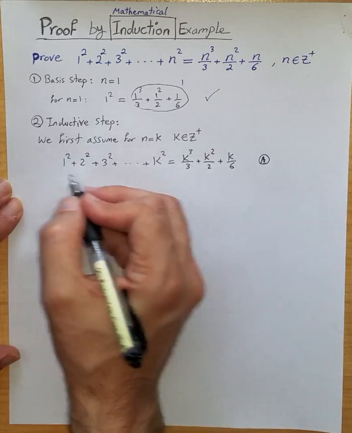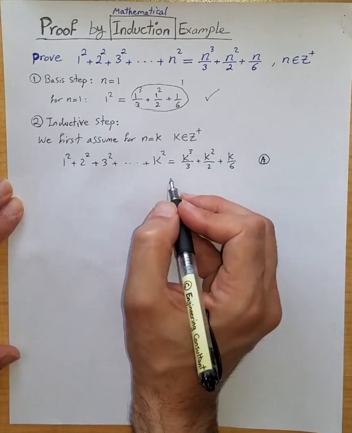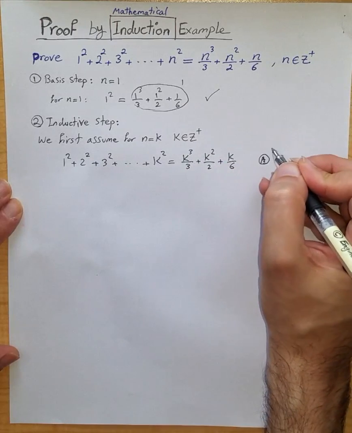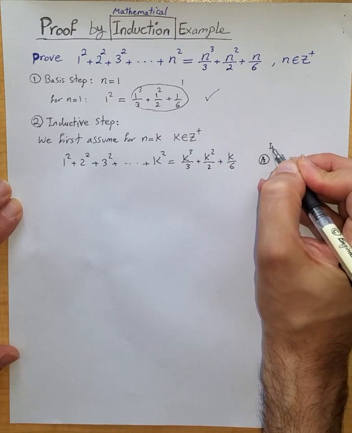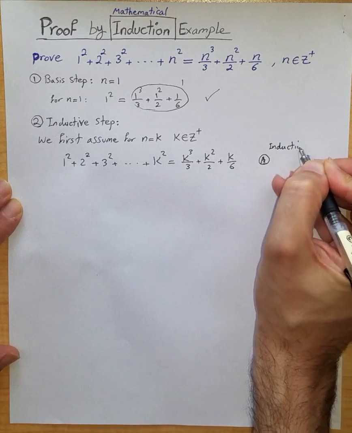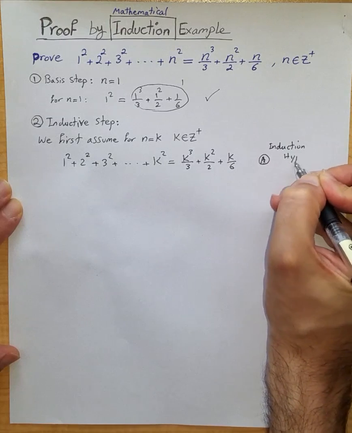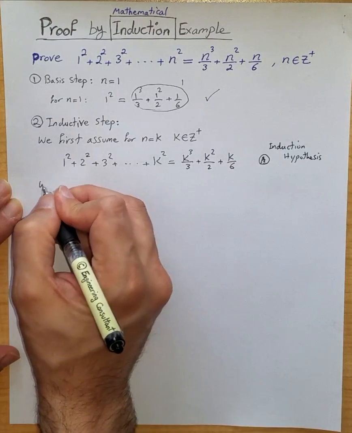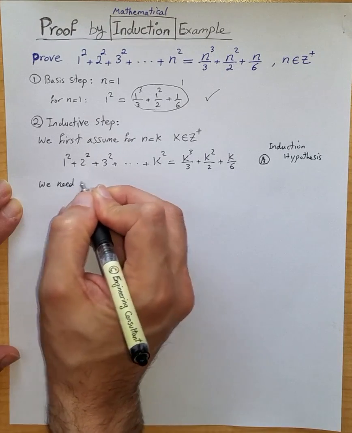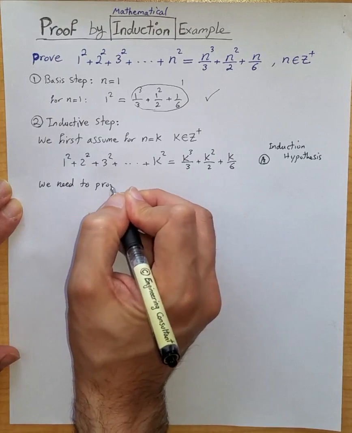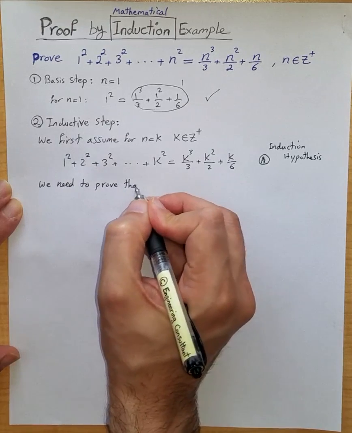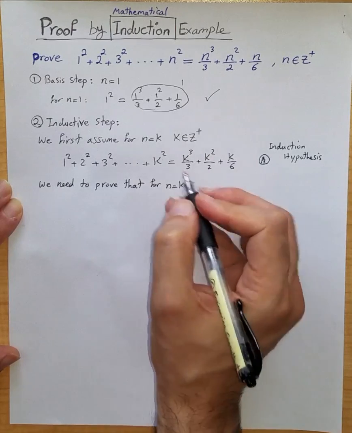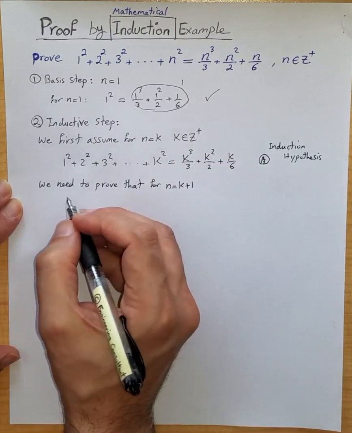It has its left hand side and right hand side. I'm going to refer to those. Now this is referred to as the induction hypothesis. So with this we need to prove that for n equal to k plus 1, where k is a positive integer, this is also true.